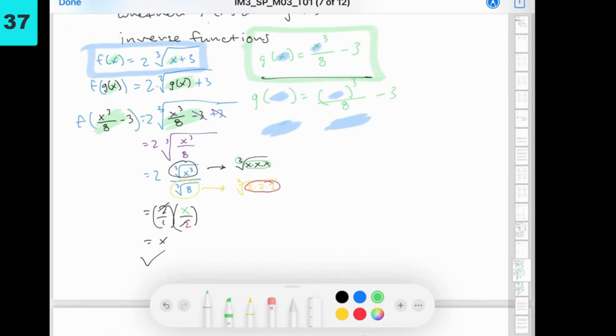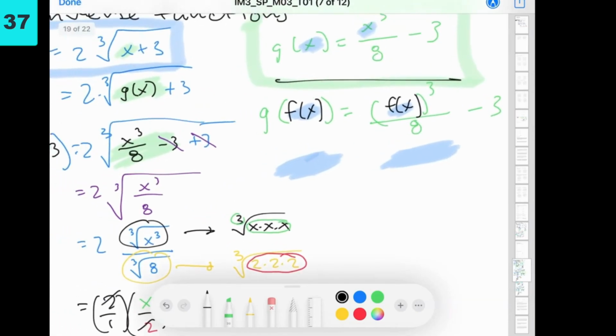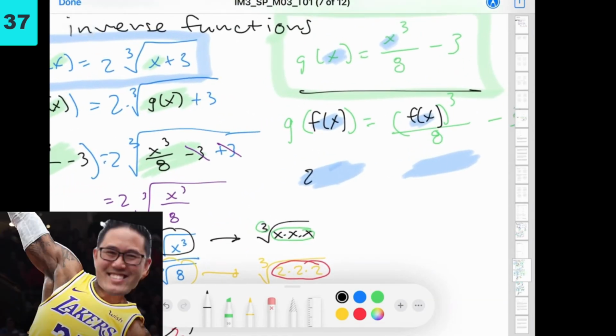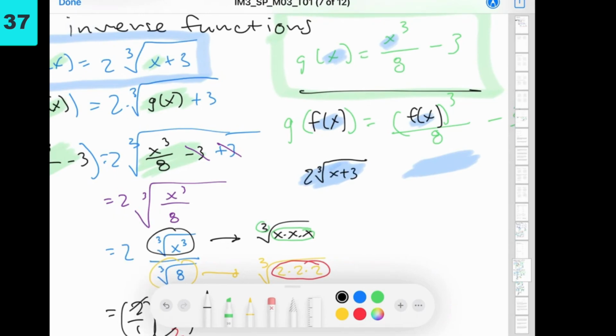And now we are inputting f of x in here. But instead of putting f of x, we are putting in now 2 times the cube root of x plus 3. What we highlighted in the left blue box on the top left there. And in green, they are the same. Don't be intimidated.